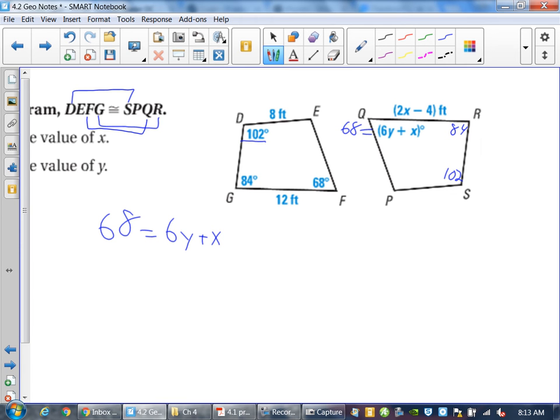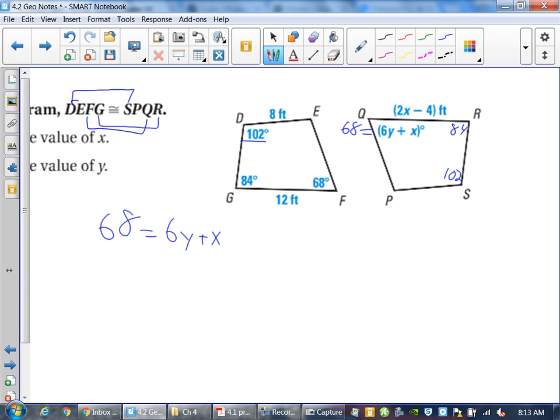But I continue on. I have nothing about angle E, so I don't have to worry about angle E matching up with P, which is good because we don't know what either one of them is. In a couple of weeks, we can probably figure it out, though. It's easy. Okay. So now you look at your segments. We have segment DE.